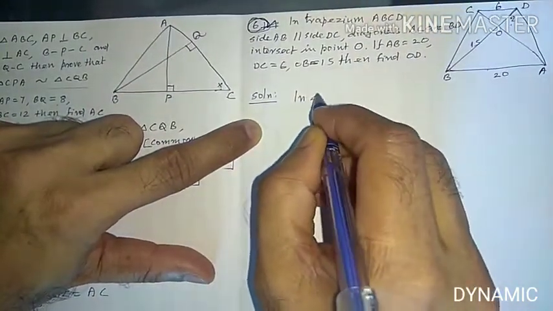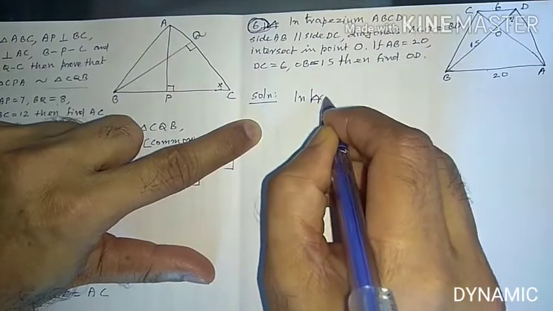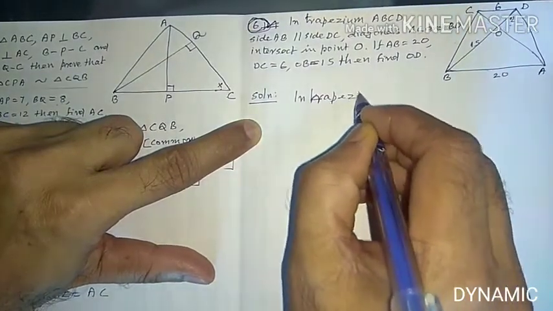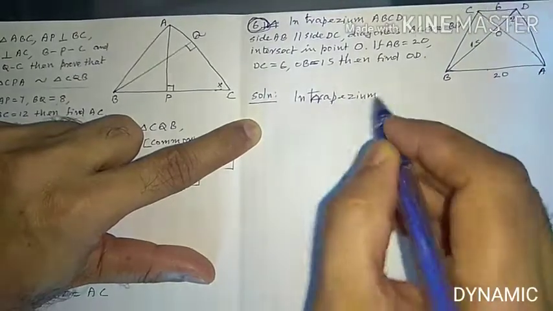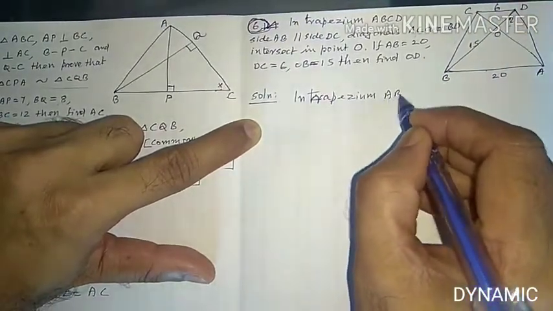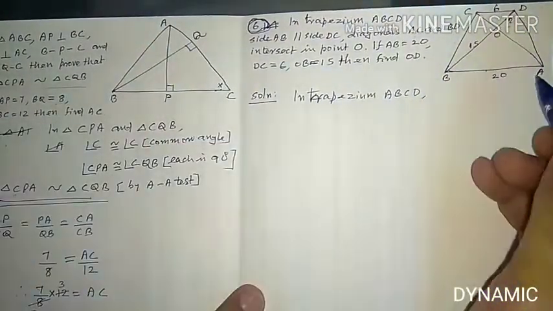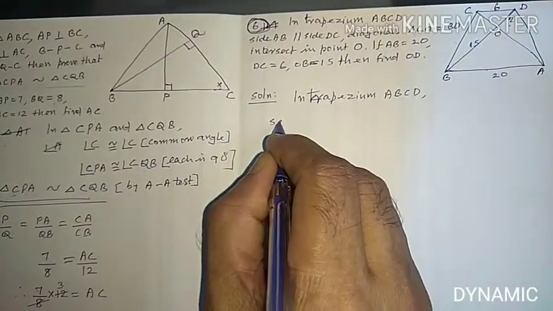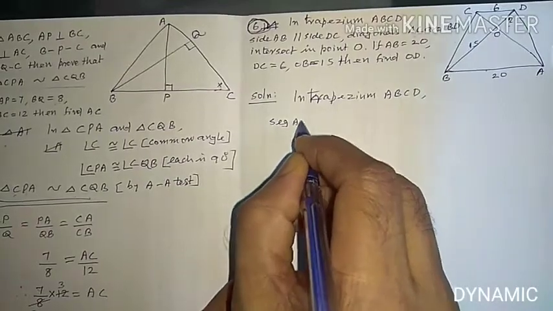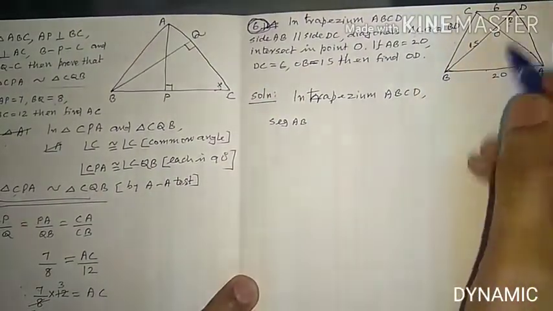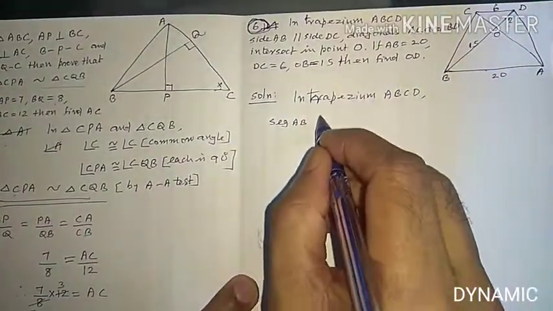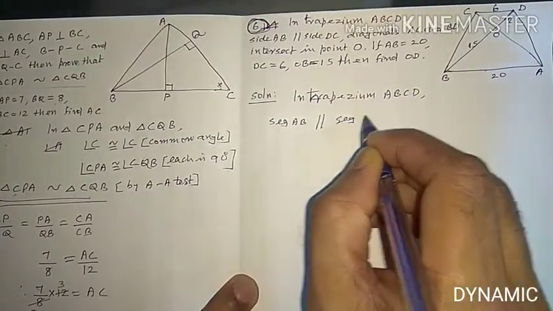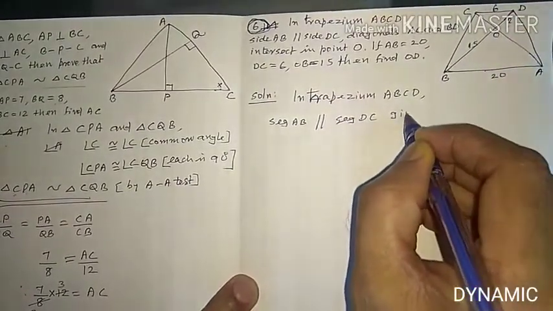In trapezium ABCD, AB is parallel to DC. This is given.